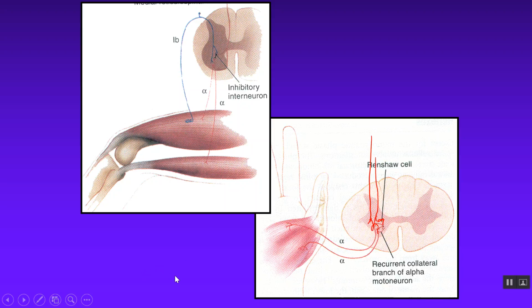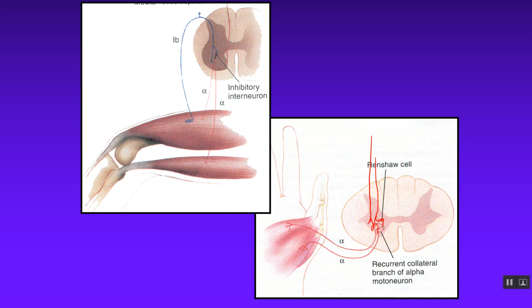It also is kind of like a check, though. If your muscle goes into tetany and you're contracting a lot of muscle groups very strongly, those Renshaw cells can eventually say, you know what, if you're in tetany, your muscle is contracted to the point where you don't get very good blood flow and it'll get ischemic. And so if it's too strong, you might get damaged.